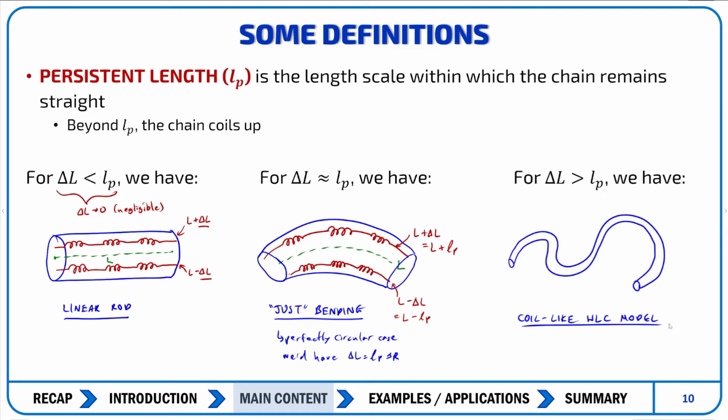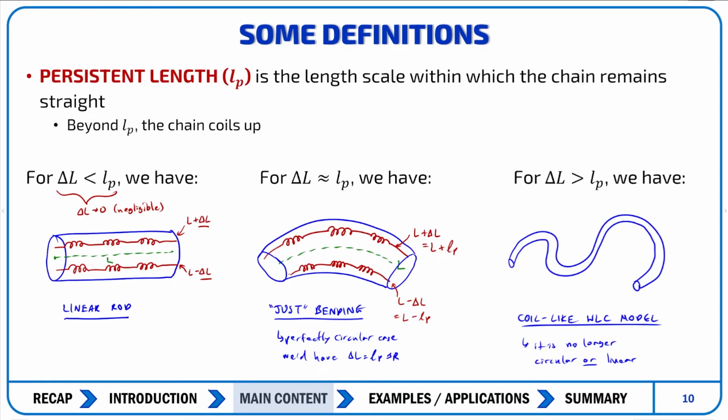So this is basically a model where it is no longer circular or linear, like the previous two options. So these three different definitions of persistent length, as well as delta L for the change in length for each single-stranded DNA, that is very important to remember moving forward because it'll help us determine what kind of bending takes place and to what degree.